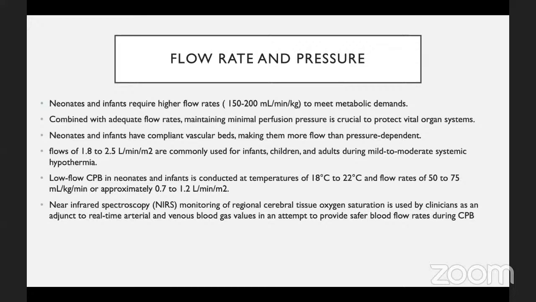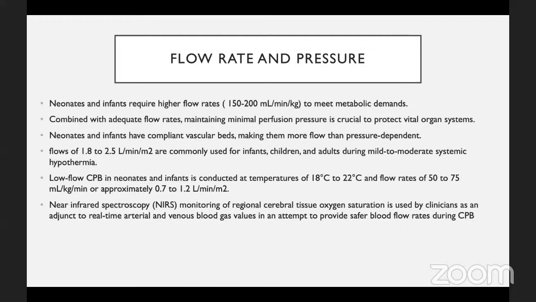Low flow cardiopulmonary bypass in neonates and infants is conducted at a temperature of 18 to 20 degrees Celsius, and the flow rate may be lower, 50 to 75 ml per kg per minute, or approximately so, during deep hypothermic circulatory arrest.